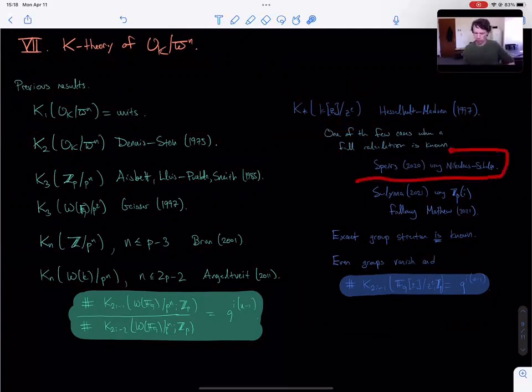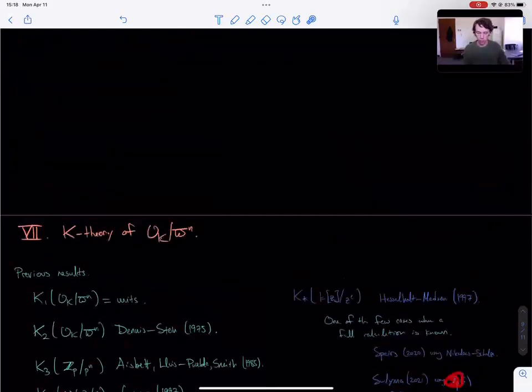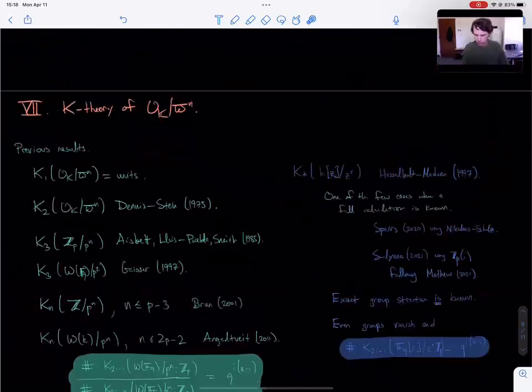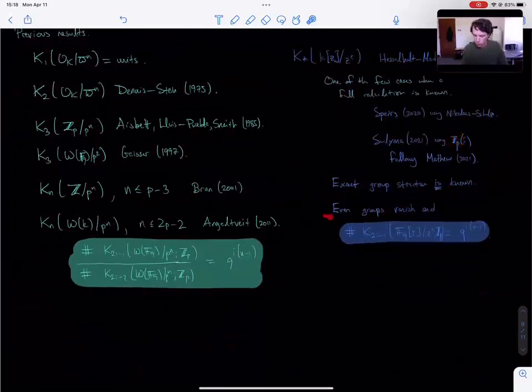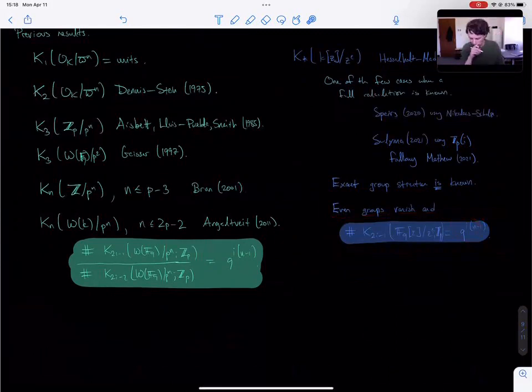These were revisited by Martin Speirs in 2020 using the Nikolaus-Scholze approach, and then by Yuri Sulyma last year by computing these quasi-syntomic complexes, these syntomic complexes. What's known is that all of the even groups vanish, and the odd groups, their structure is known, but it's complicated, but their order is easy. It's q to the i(n minus 1). What's n?